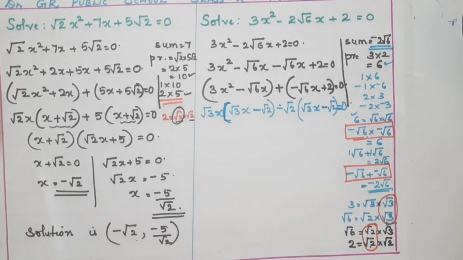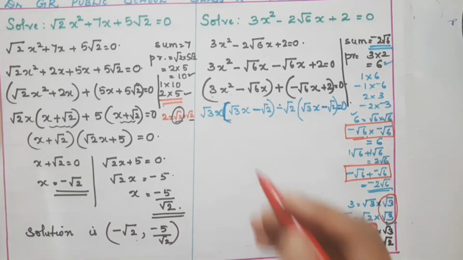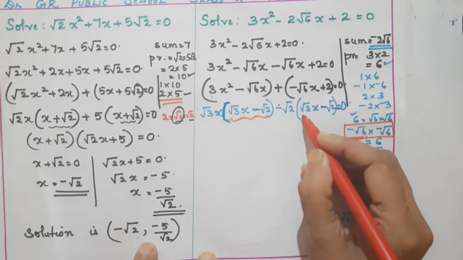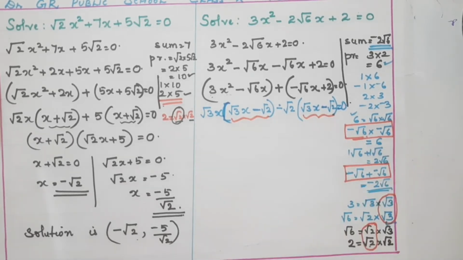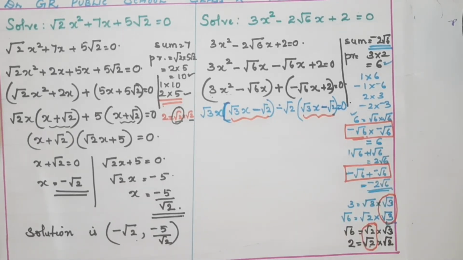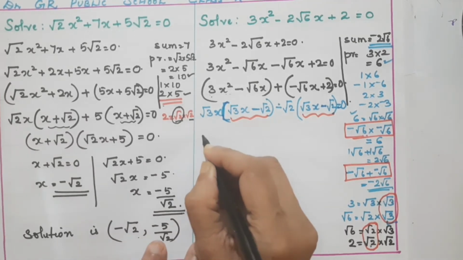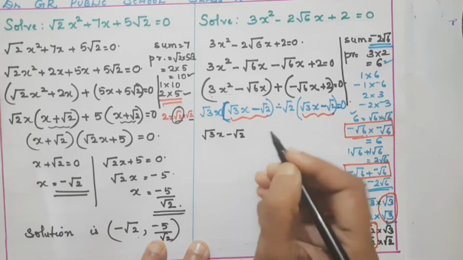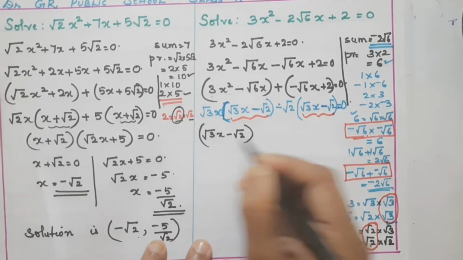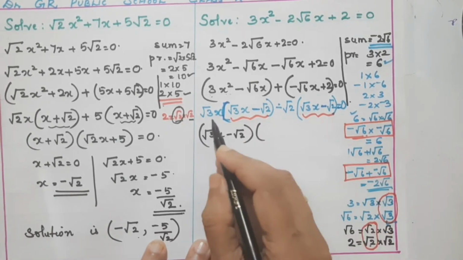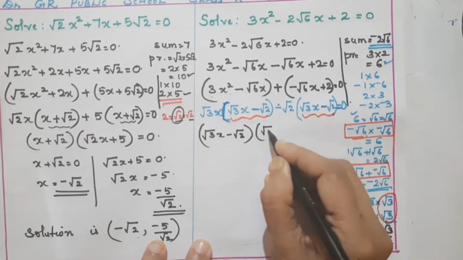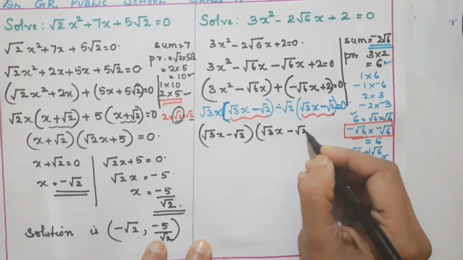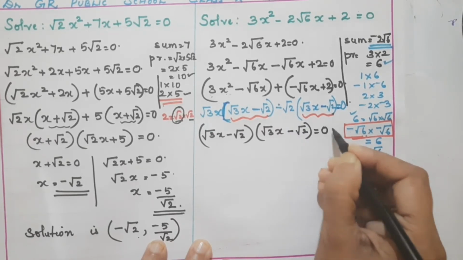Now we can have common factor. Isn't it? Root 3x minus root 2. Here also root 3x minus root 2 is common. So we can take root 3x minus root 2 common. Then what is remaining in the second bracket? Here root 3x minus root 2 equal to 0.